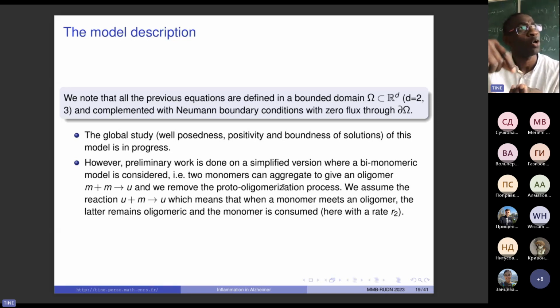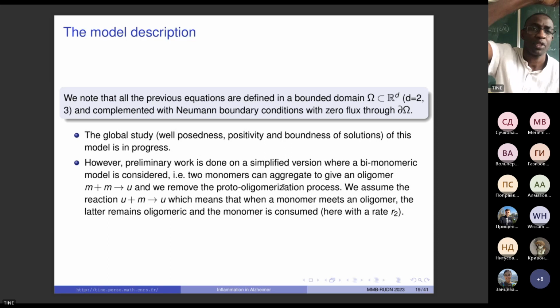That means all the process where we have proto-oligomers of size 2, proto-oligomers of size 3, etc., until proto-oligomers of size i0 minus 1, we skip this stage and take just monomers and oligomers. Okay, so monomers and oligomers, that's why we talk about the monomeric model.